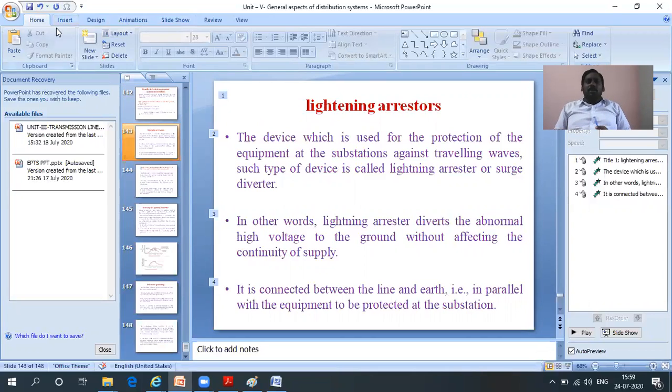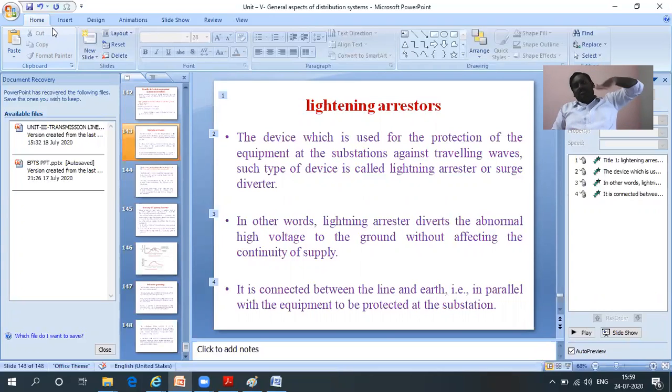That's why a device is required to reduce the steepness of that surge. That means to reduce the magnitude of surge voltages and surge currents, special devices are required to protect our substations and electrical equipments in our house buildings.